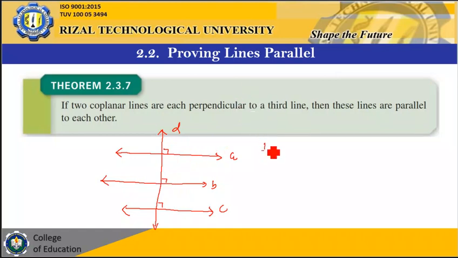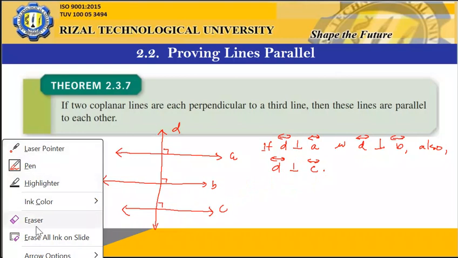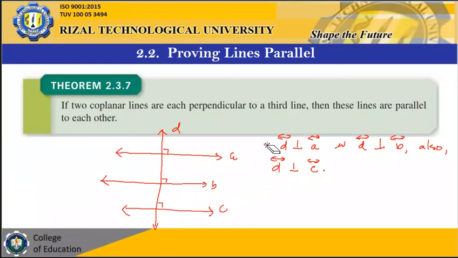So if line D is perpendicular to line A and line D is perpendicular to line B, also line D is perpendicular to line C. Now, let's remove the word if; let's use the word suppose.